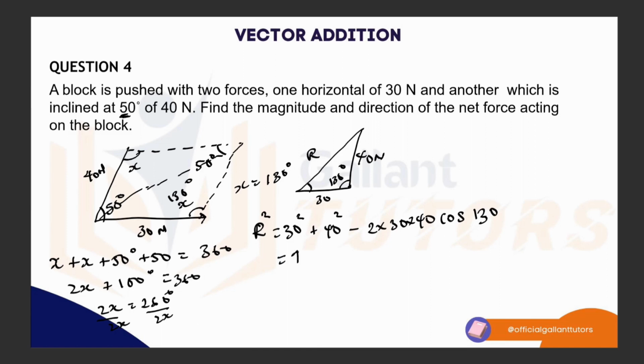So 30 square is what? 900. 40 square is 1,600. Then minus, so 2 times 30 times 40 will give you 2,400 cos 130. You make use of a calculator, it will give you minus 0.6427. Is that clear? So 900 plus 1,600 will give us what?